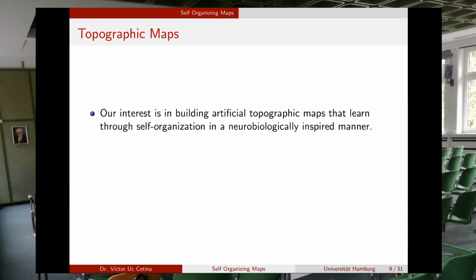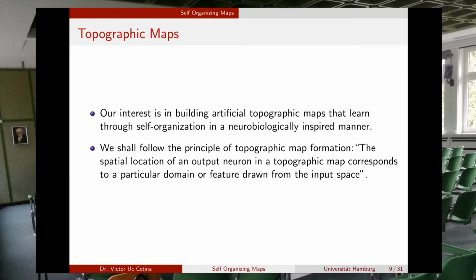So our interest is in building artificial topographic maps that learn through self-organization, and they are inspired by these neurobiological systems. So we shall follow the principle of topographic map formation. The spatial location of an output neuron in a topographic map corresponds to a particular domain or feature drawn from the input space.